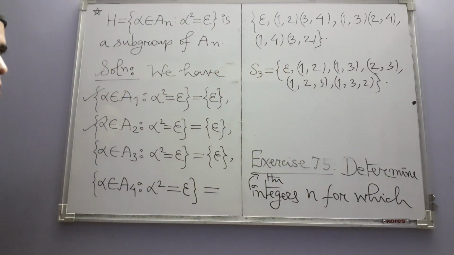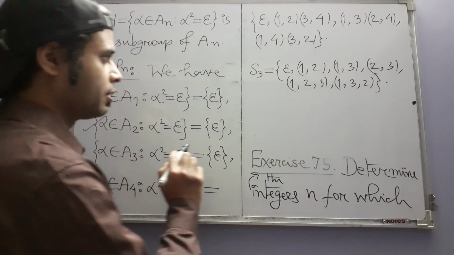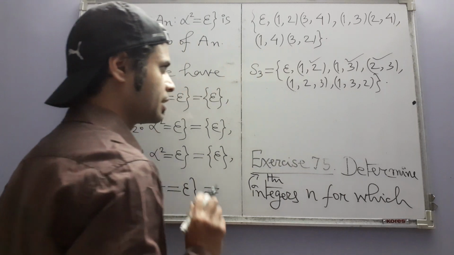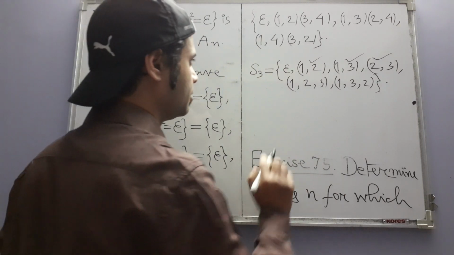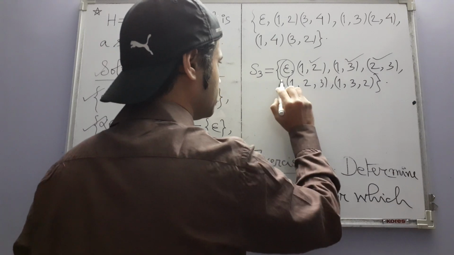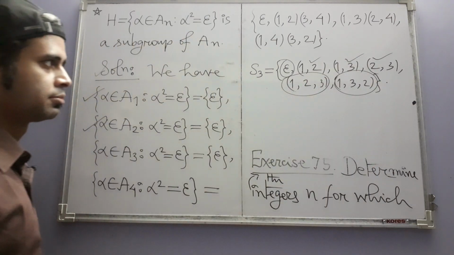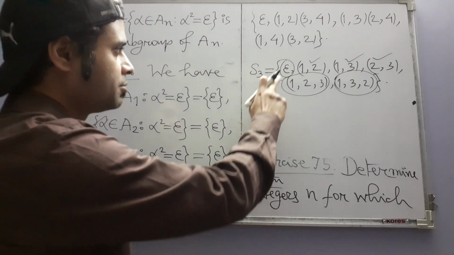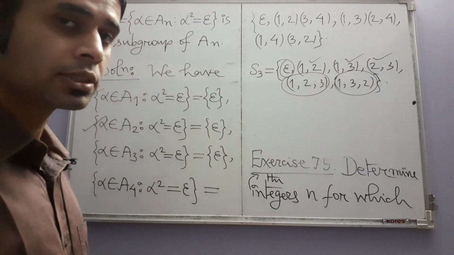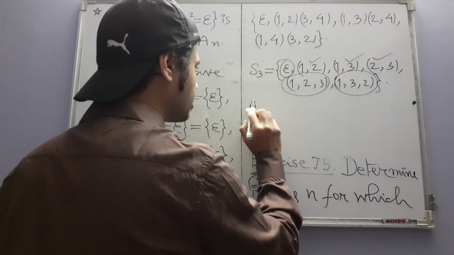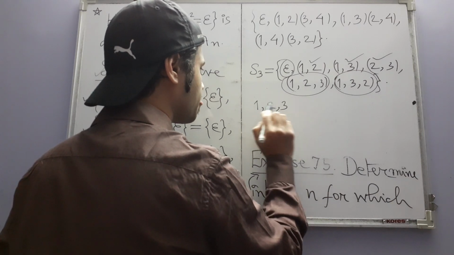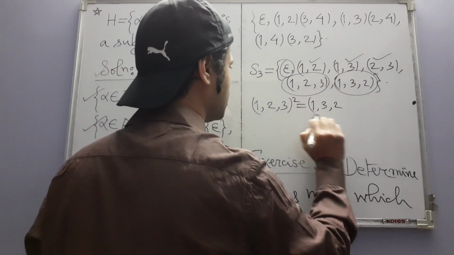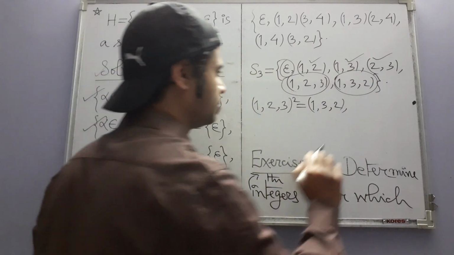Now among these elements, what are the even permutations? These three are odd because each one of them is a single 2-cycle, but these are even permutations, this and this. And A_3 consists of these 3 even permutations. One of them is the identity and the other 2 are these 3-cycles. But when you take squares, the squares of the 3-cycles are not identity. In fact, the square of any one of them is the other.